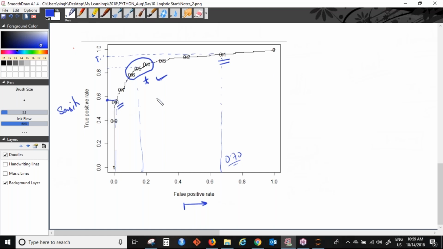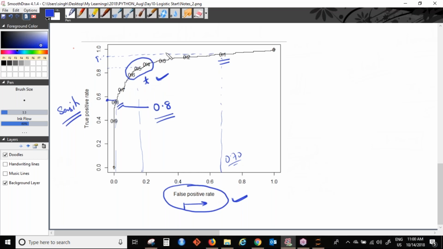So it depends on the business case. If you want to avoid errors at any cost, if you want to avoid false positives, you will take a threshold of 0.8. But if you want to increase the true positive rate and yet have a low false positive rate, you will take any of these. So it depends on the business scenario. What do you desire?